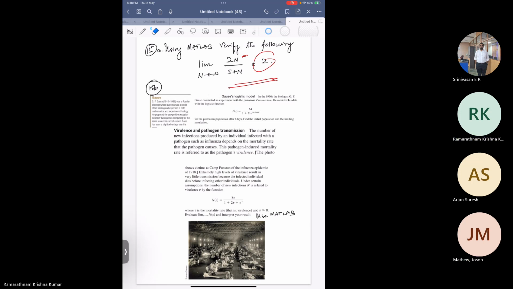How mathematical models are used to a great extent. It may not be useful to you, but for Joseph it will definitely be useful. For you, Arjun, it may not be useful directly in your research, but if there's no other course you can take, I would like you to take this also.